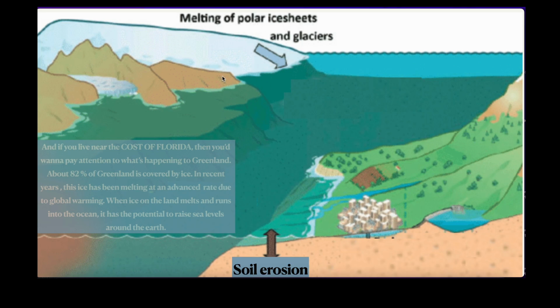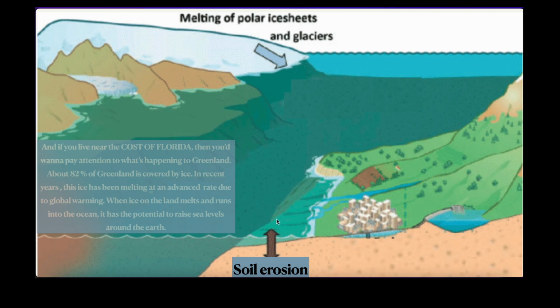So because of the Greenland ice melting, you can see there is an increase in the sea level in coastal areas. For example, let's consider Florida. You can see the sea level was here previously. Because of the glaciers melting, it has increased. Because of the sea level increasing, there is soil erosion, and later on there will be destruction to the utility lines, roadways, and all the other infrastructure in the city. Yes? So that's how it's of concern.